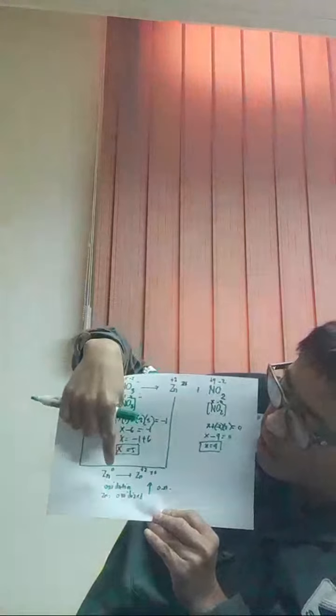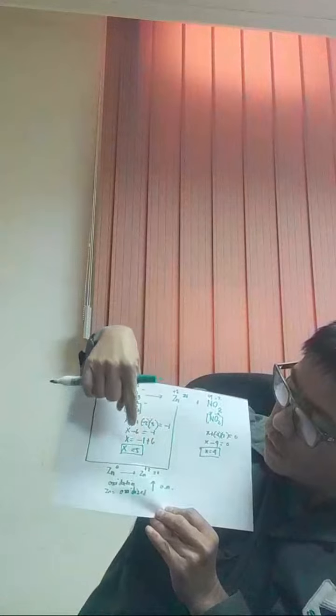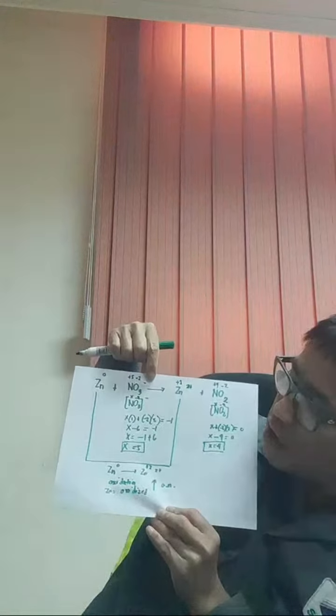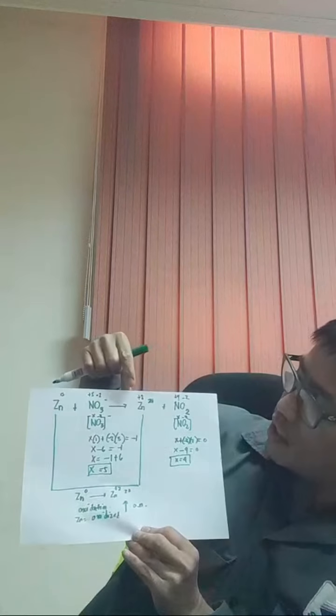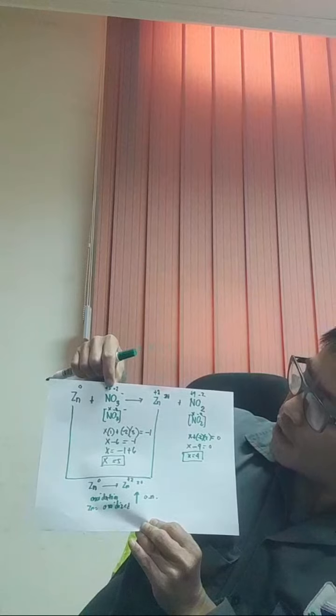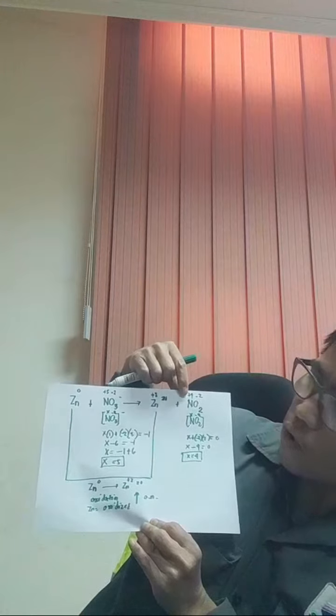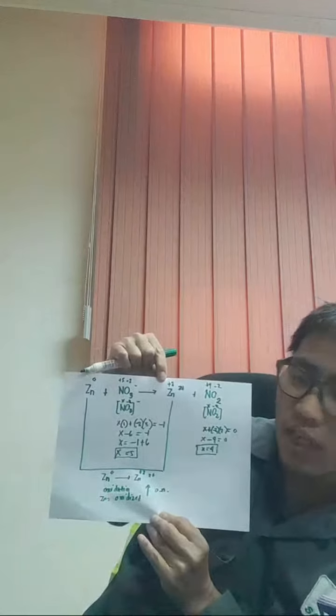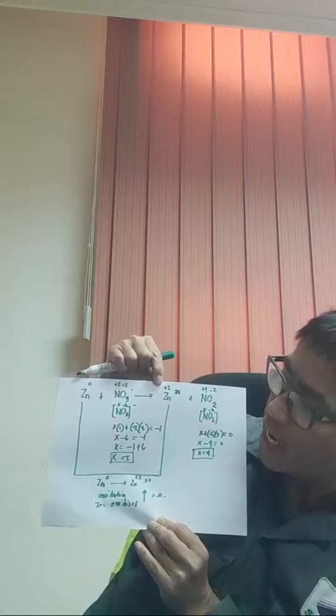So this is from zinc to zinc positive 2, and our reduction, take note here, will be from positive 5 to positive 4. So there's a decrease of oxidation number, so this is a gain of electrons. This one here, nitrogen, so this is the reduction.